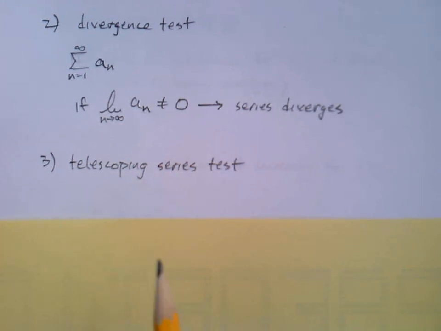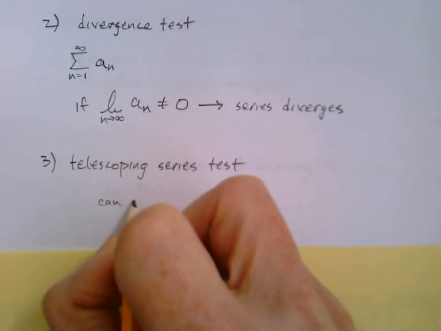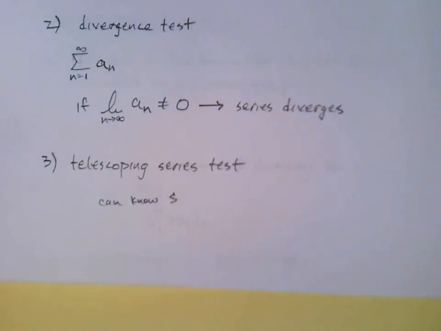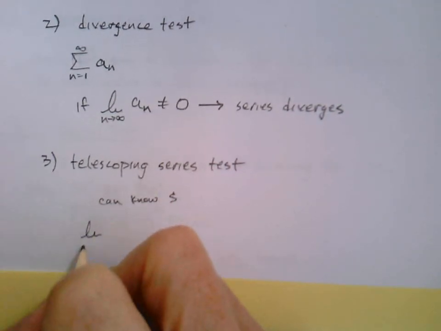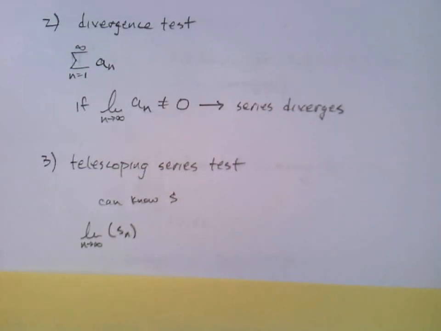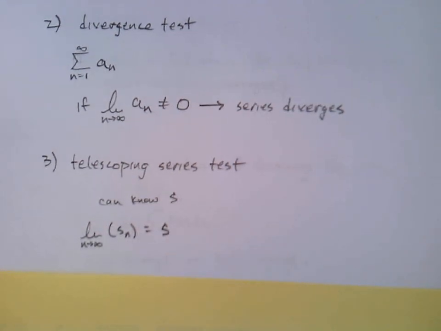Telescoping series test is the other test where we can know what the sum of the series is. So we can know S because as part of the telescoping series, you end up taking the limit of the nth partial sum. That's just part of the nature of going through the steps in the telescoping series test.